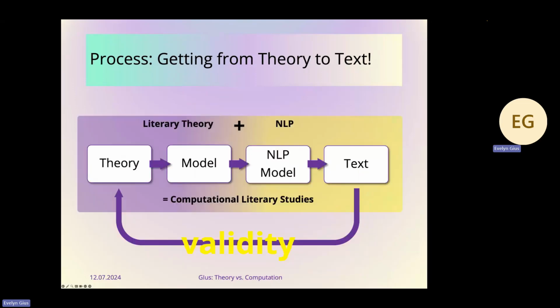Basically this: we have to introduce both models into the process. If you want to go from theory to text, the process in between is not only modeling on a conceptual level, but also modeling on an NLP level, or making sure that they are linked together. So the models we use in NLP with the models we use in the literary theory part, in order to really get a connection between theory and text.